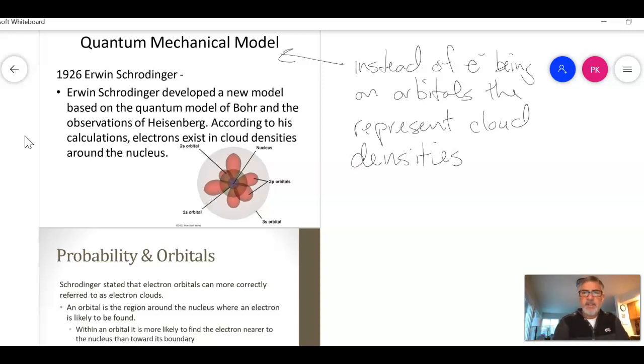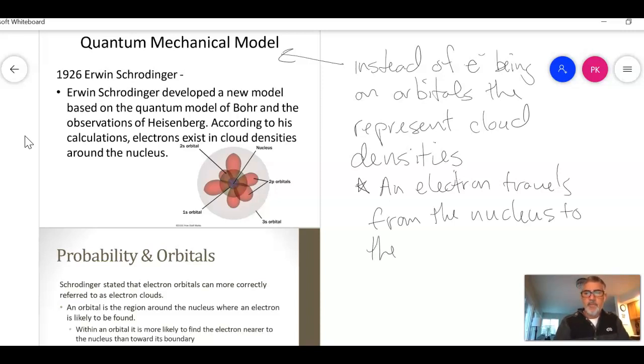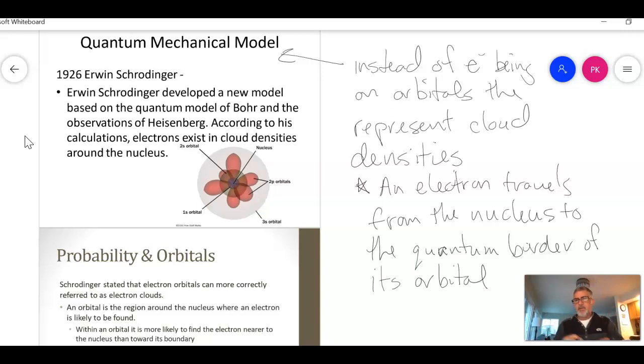Cloud densities say that an electron now travels from the nucleus to the border.